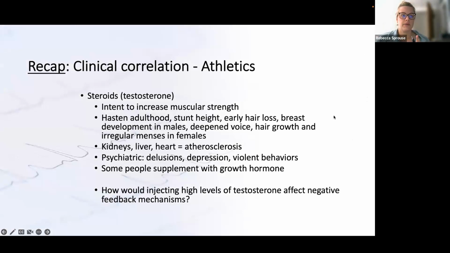That leads into this recap. So in the last lecture, I had talked about steroids in bodybuilders, like people who take anabolic steroids. Testosterone is a very common one of those. And I want you to think about how would injecting, now that you know what you know from this lecture, high levels of testosterone affect your negative feedback mechanism?